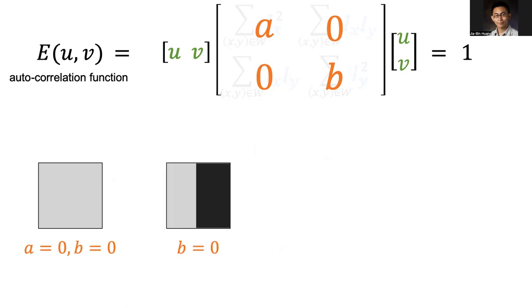And what if B equals 0, which means that you have no y gradient, but A is not 0, so you have a large x gradient. So you have some changes in the x direction, no changes in the y direction, right? So that looks like this, okay? And what if you have A equals 0?